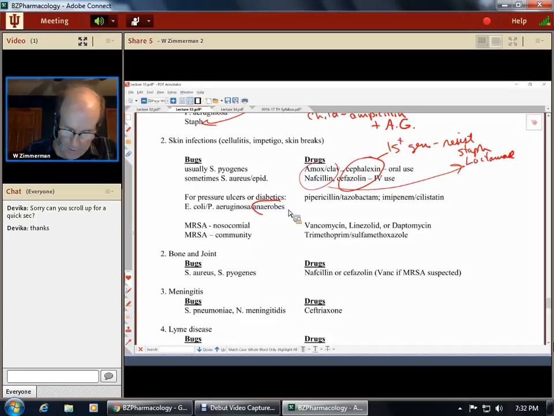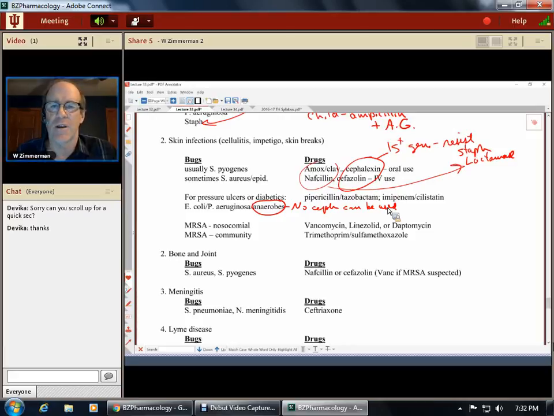When you've got anaerobes, those cephalosporins can't really be used, or at least not the main categories of first, second, third generation. Fifth might get it, but we're just not using that drug yet.